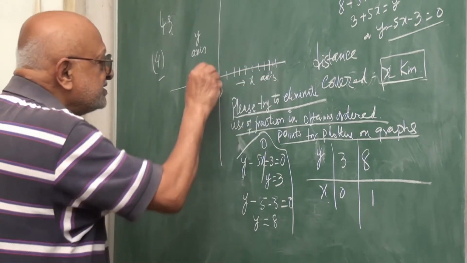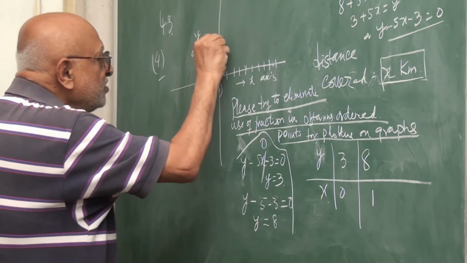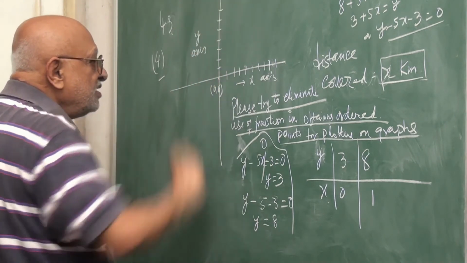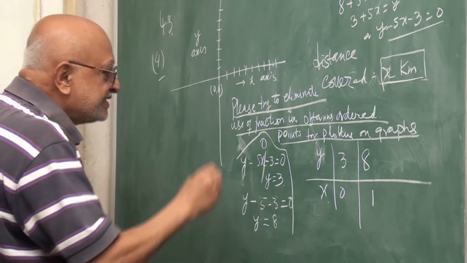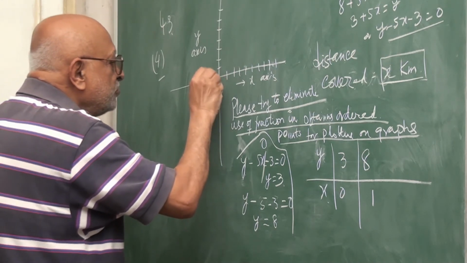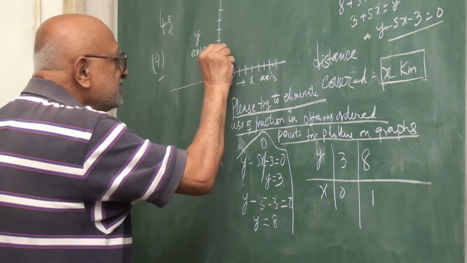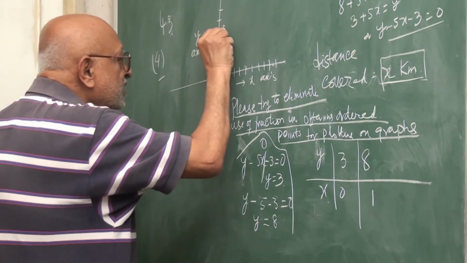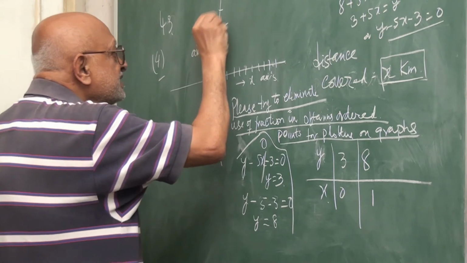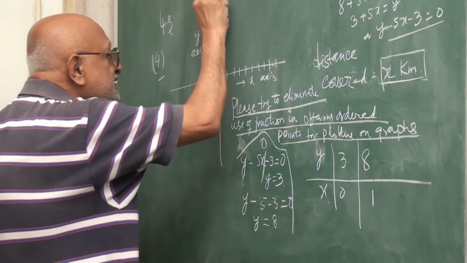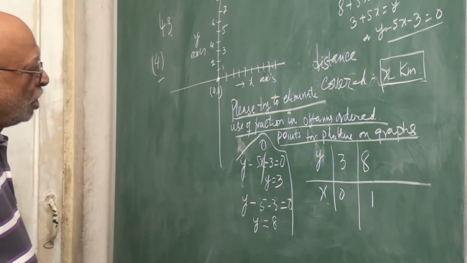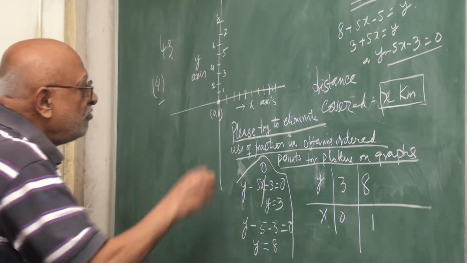So this is x and this would be y. Let us take x equal to 0, y equal to 3, with the y axis marked 1, 2, 3, 4, 5, 6, 7, 8.